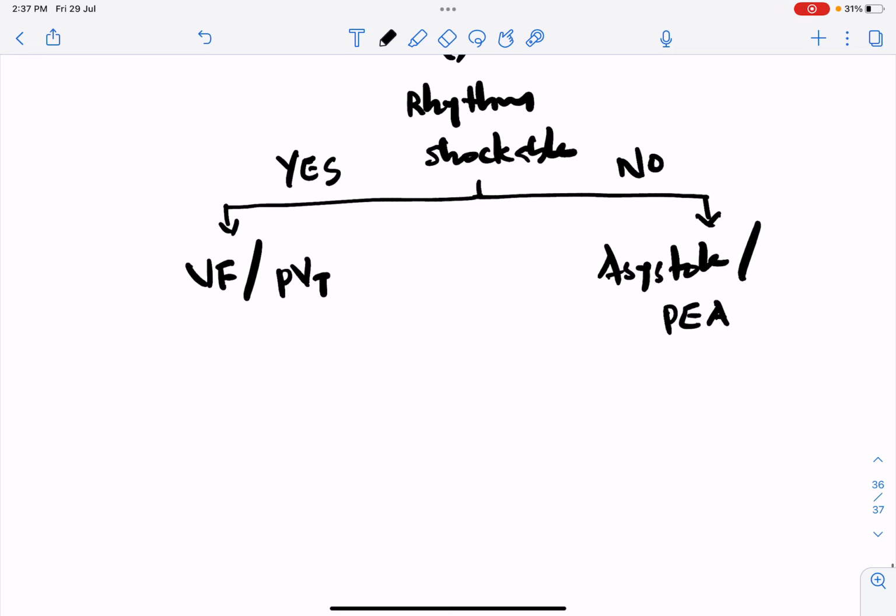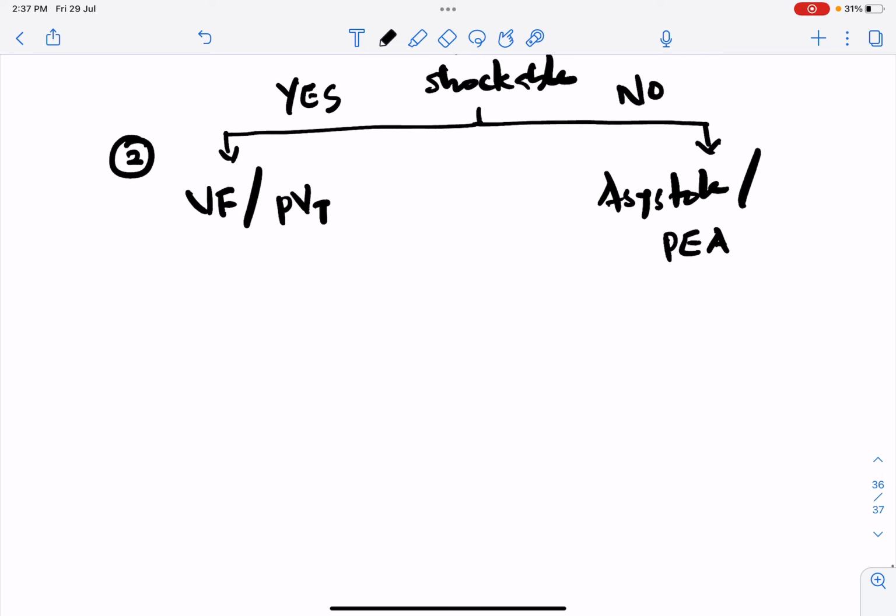So we find a shockable rhythm, VF or pulseless VT. Then immediately we have to charge the defibrillator and give a shock. The joules for shocking differ in different types of defibrillator.